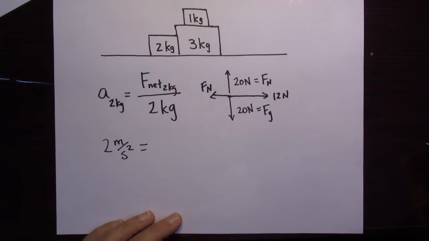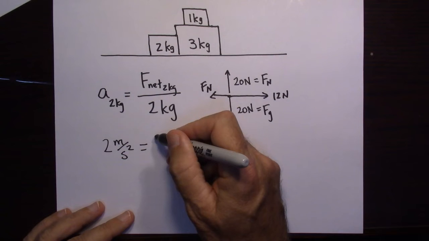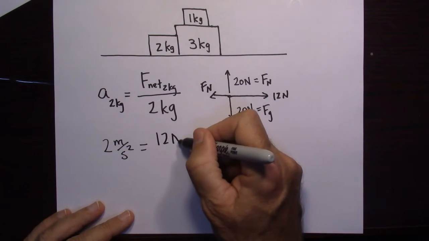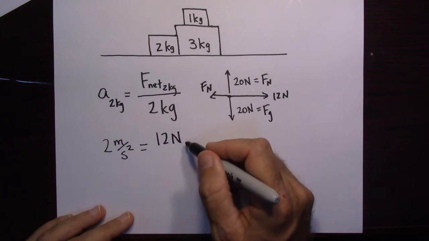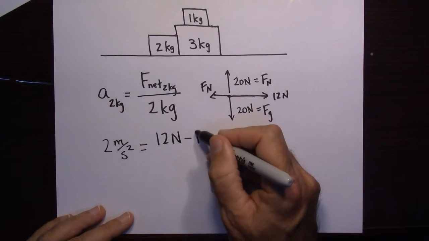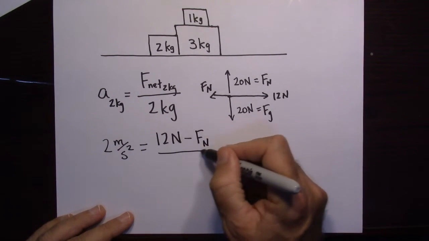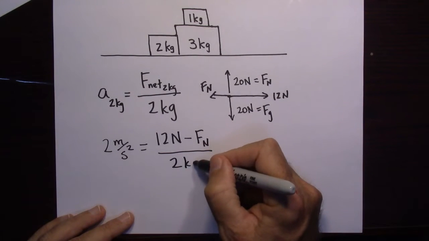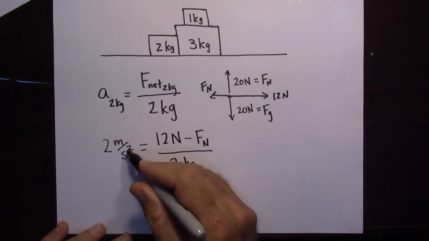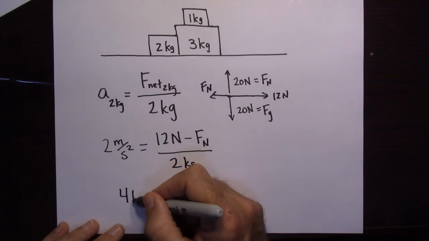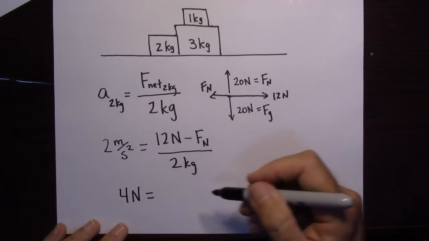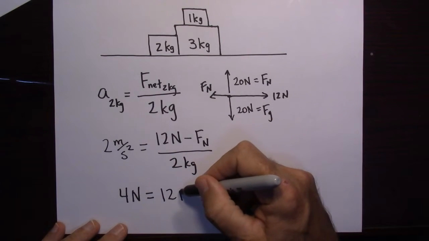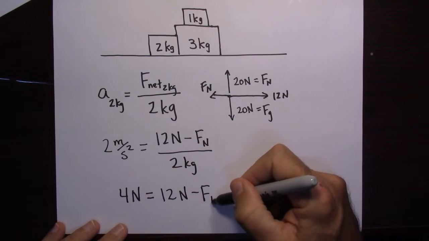And so to find that normal force, I'm just going to say that's 12 newtons. And this is the acceleration in the x direction, so the net force is 12 newtons minus Fn all over 2 kilograms. So this is going to be 4 newtons when I bring it over to the other side. 2 kilograms times 2 meters per second squared gives you 4 newtons, and that's equal to 12 newtons minus Fn.